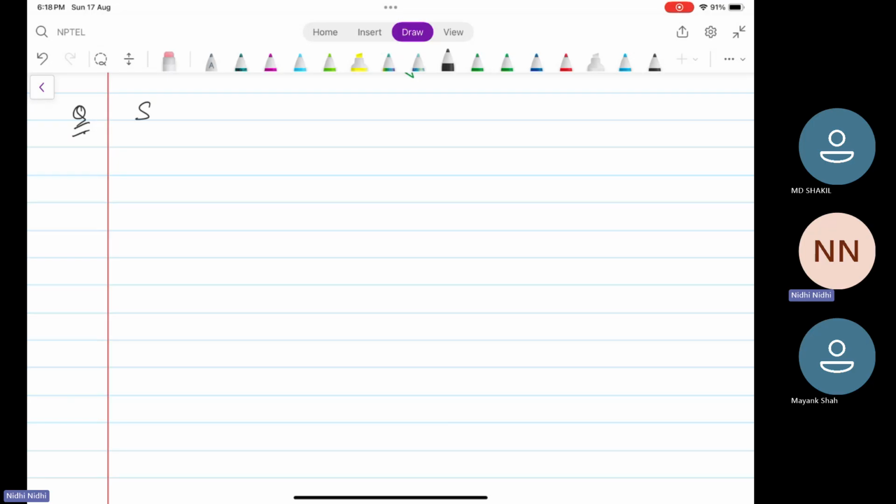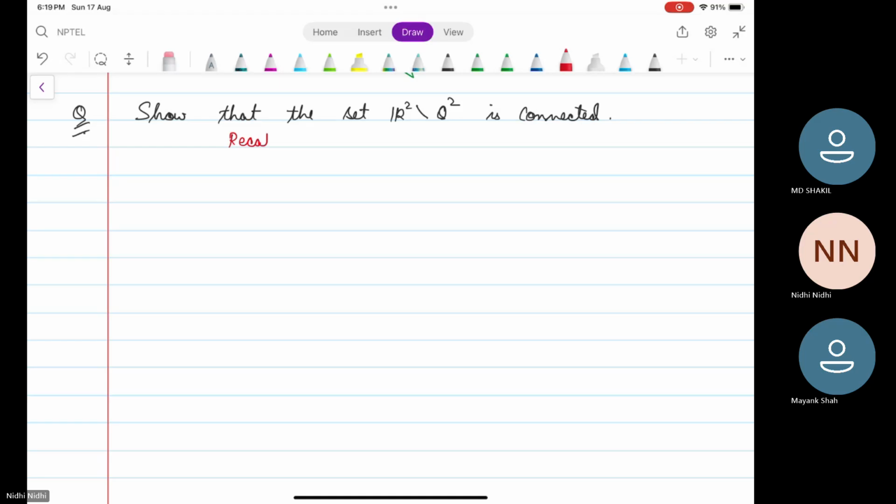Show that the set R2 minus Q2 is connected. So firstly, let's recall what we mean by a connected set, a path connected set and so on.